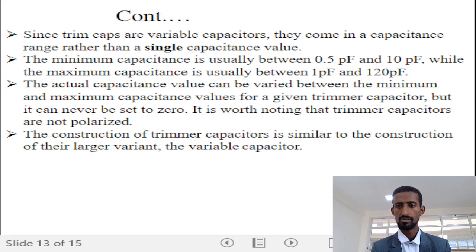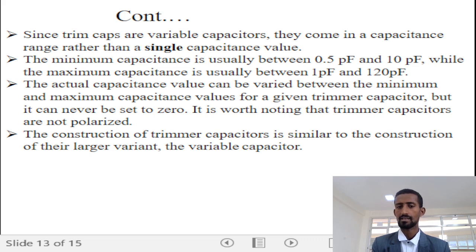The minimum capacitance is usually between 0.5 picofarad and 10 picofarad, while the maximum capacitance is usually between 1 picofarad and 120 picofarad. In between, these trimmer capacitors are available. The actual capacitance value can be varied between the minimum and the maximum capacitance values for a given trimmer capacitor, but it can never be set to 0.